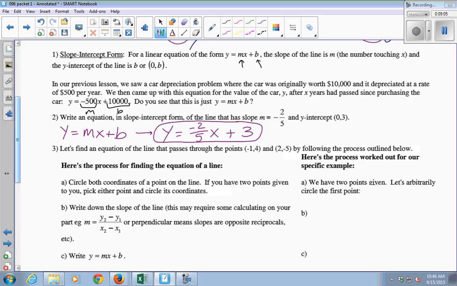Just replace the m with the slope and the b with the y-intercept. Does that make sense? I'm just starting with the equation of a line, y = mx + b, and replacing the m and the b with the given information.